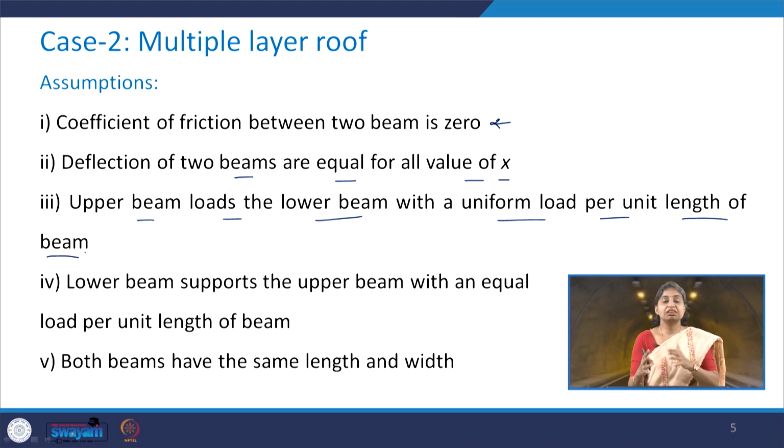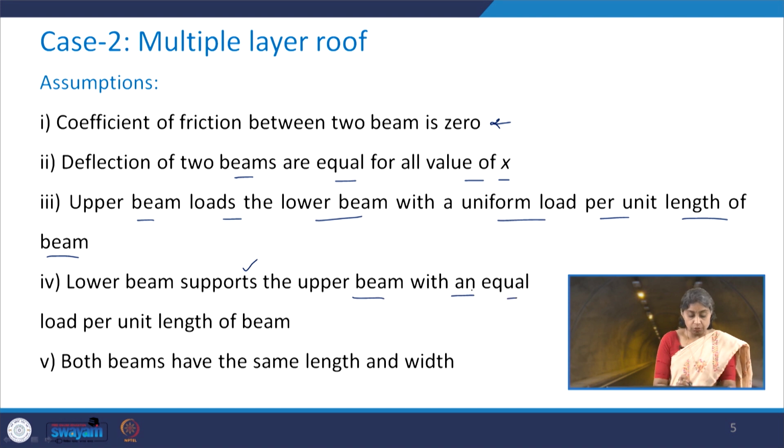So, this means that the loading that we are considering is always the uniformly distributed load. Further, the lower beam supports the upper beam with an equal load, which is also per unit length of the beam. Both the beams are considered to have the same length and width.